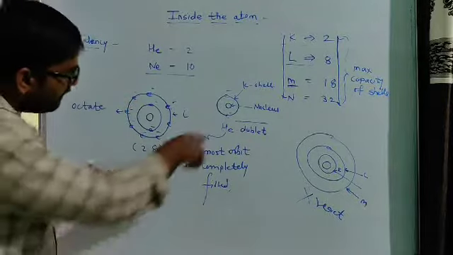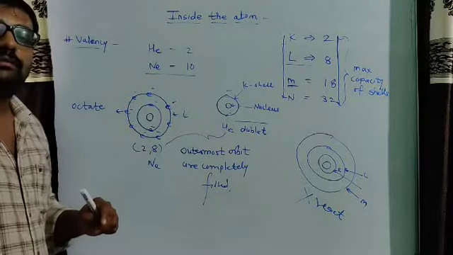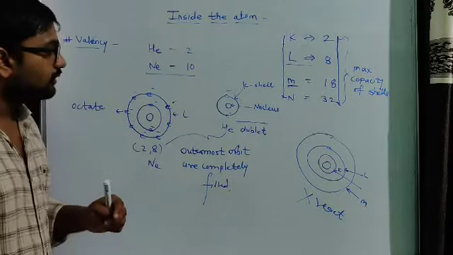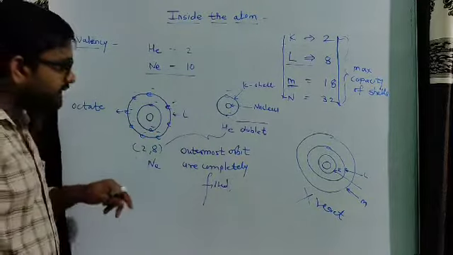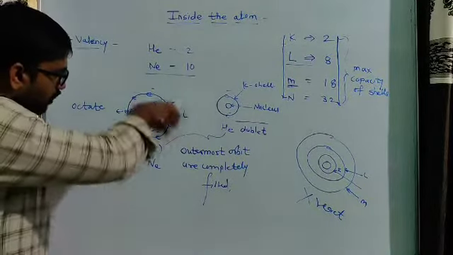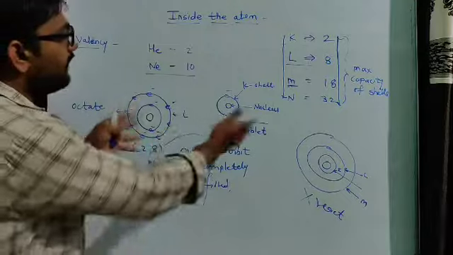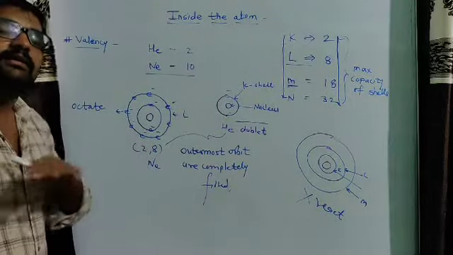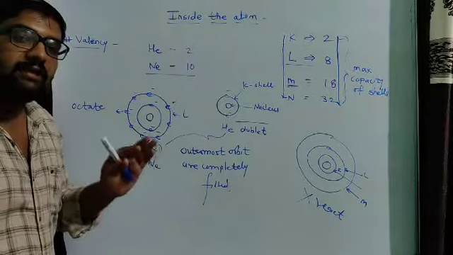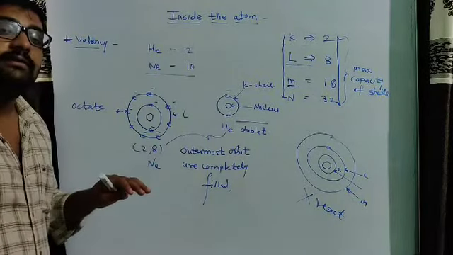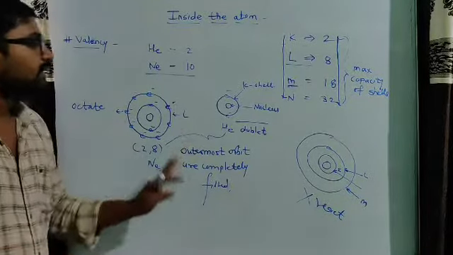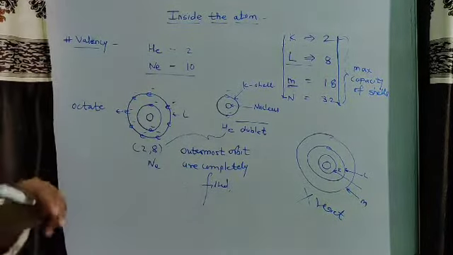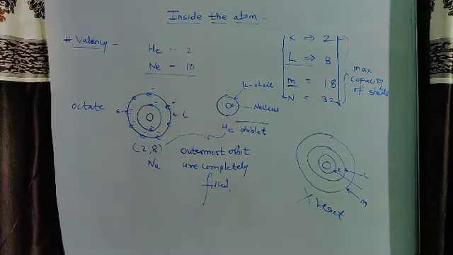That is why helium and neon atoms do not react with any other element: in helium the doublet is complete, and in neon the octet is complete. If doublet and octet are complete, it does not need to react with any other element and attains a stable state. That thing we have to clearly understand.